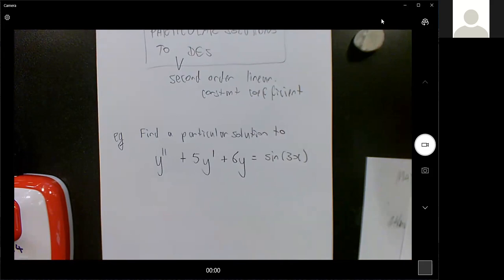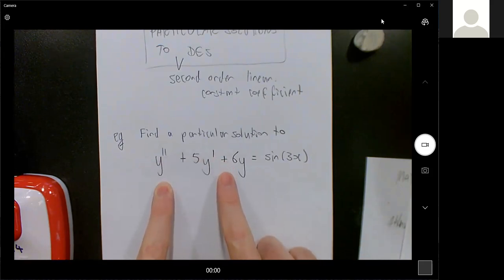Right. Find a particular solution to this differential equation: y double dash plus 5y dash plus 6y is equal to sine of 3x. Okay, so let's just talk this through. This is a differential equation because the equation mentions a derivative.